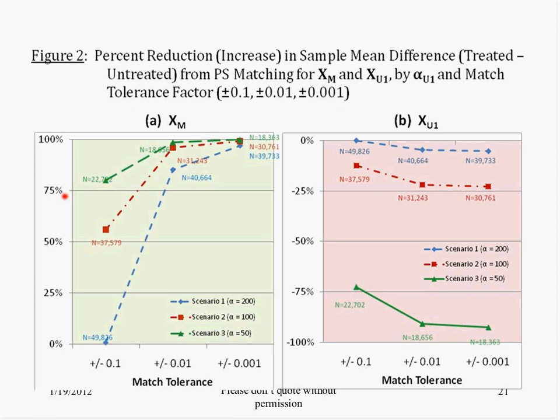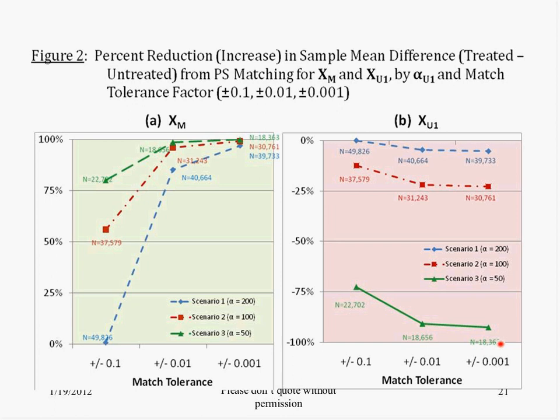Likewise, you can see the sample numbers staying in effect, and we see the same result: the more that the measured characteristics affect treatment choice, the harder it is to match people, and the more imbalance you're going to get in the unmeasured covariates.